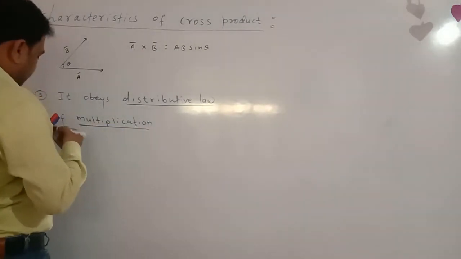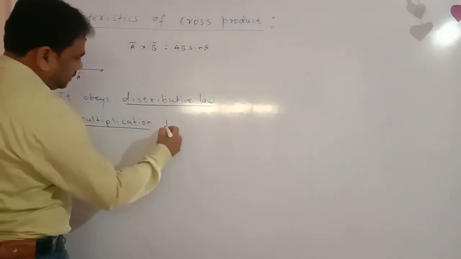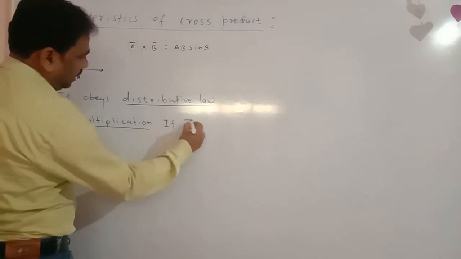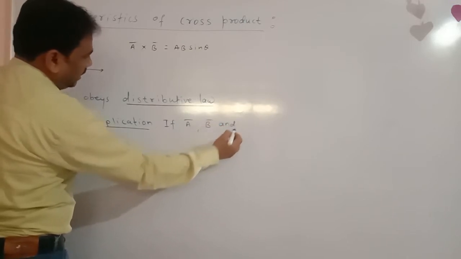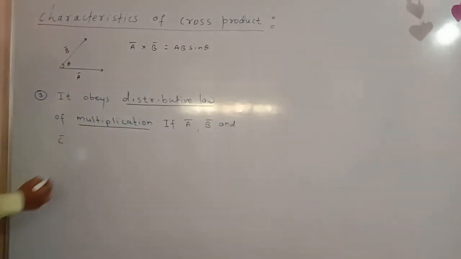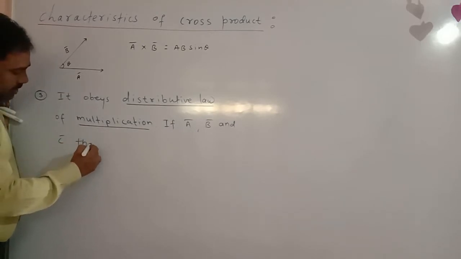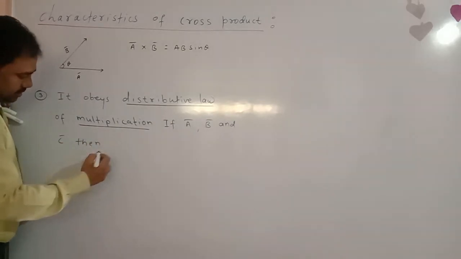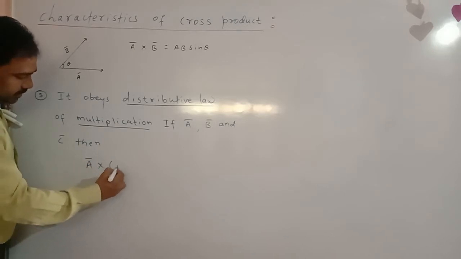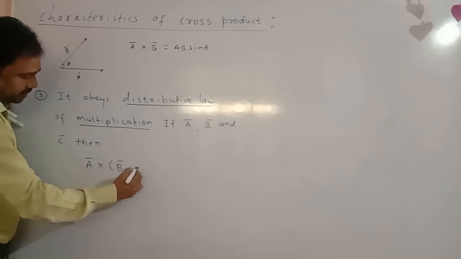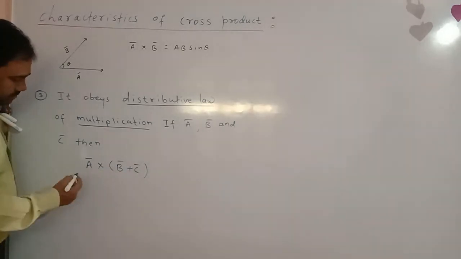Write down here: if we have three vectors, vector A, vector B and vector C, then we can write vector A cross (vector B plus vector C). How can we solve this bracket?